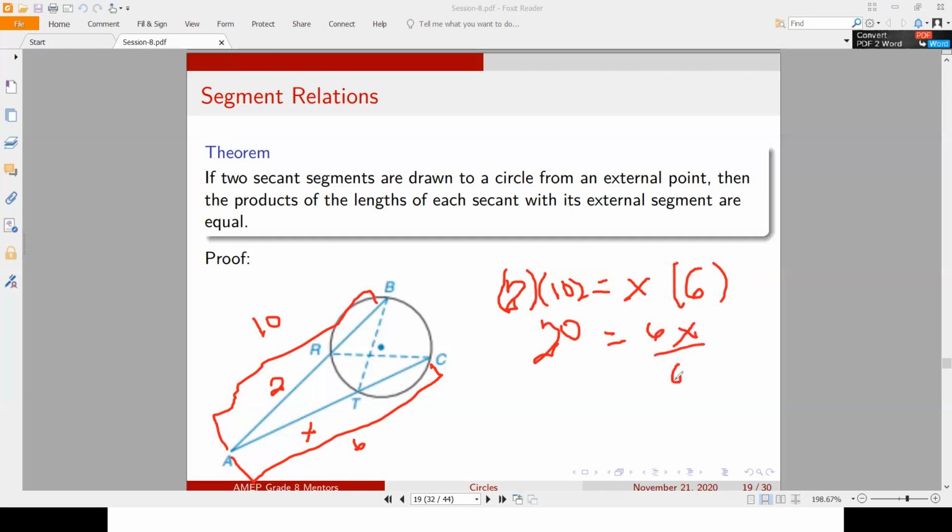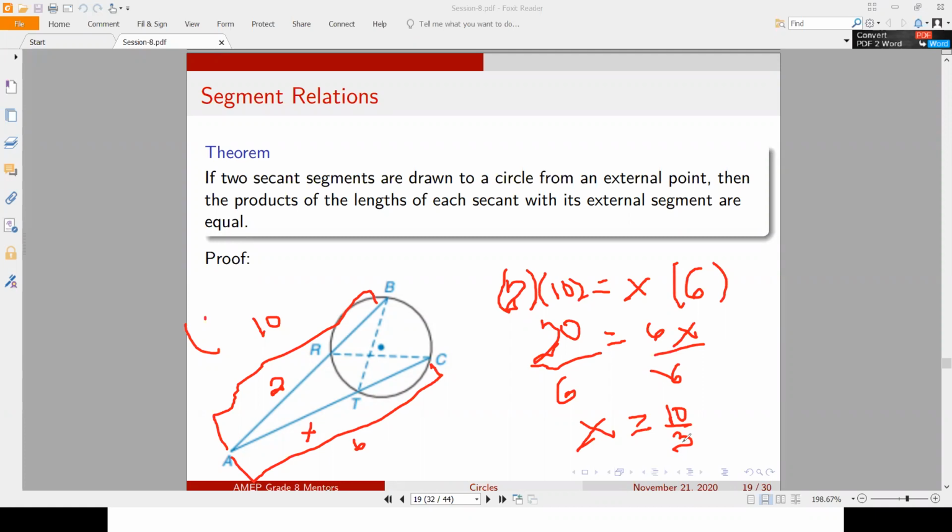So divided by 6 natin. So x is equals to, round off na, lowest term na lang natin, both divisible by 2. So that is 10 over 3. Or 3.33 kung gusto nyo i-divide.